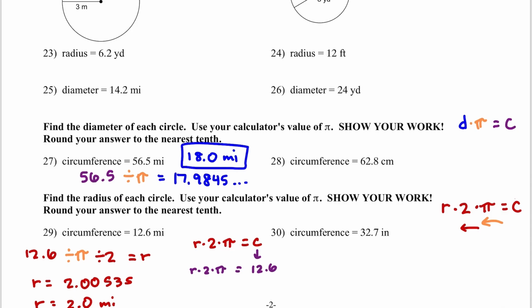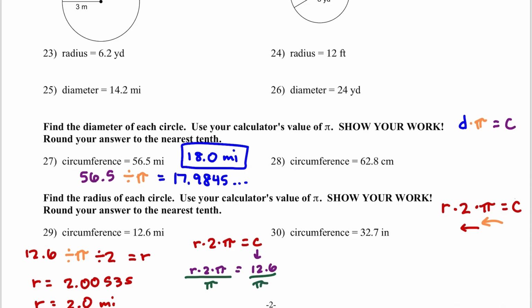Depending on what we've already covered this particular year in mathematics, when we're solving equations, we would undo what has happened to the variable. Right now, the variable is the radius, and we can see the radius has been multiplied by 2 and multiplied by pi. So I would undo that multiplication by dividing by pi.